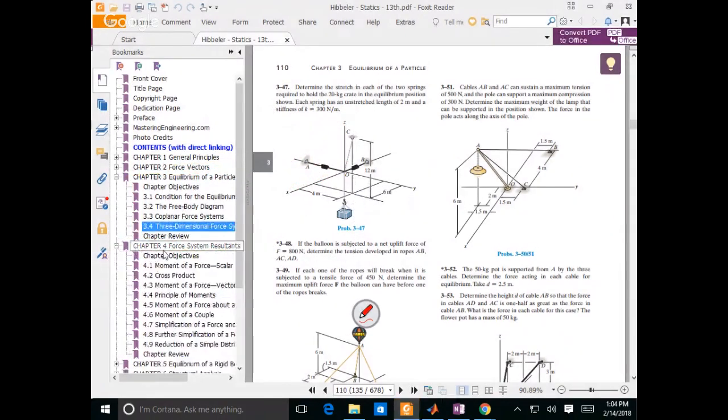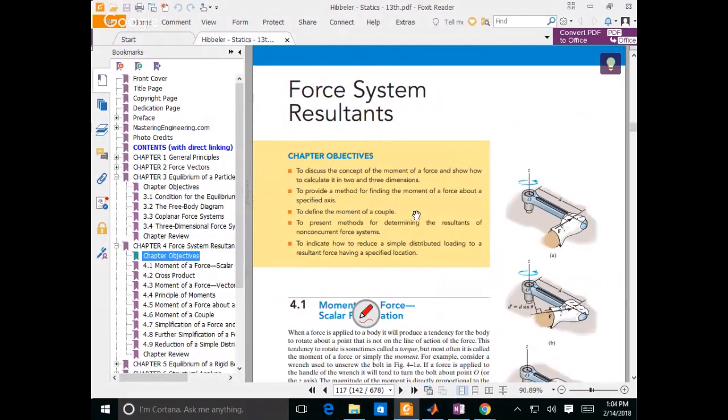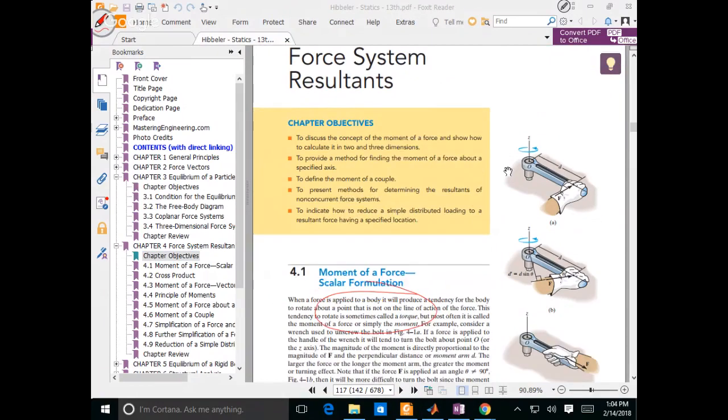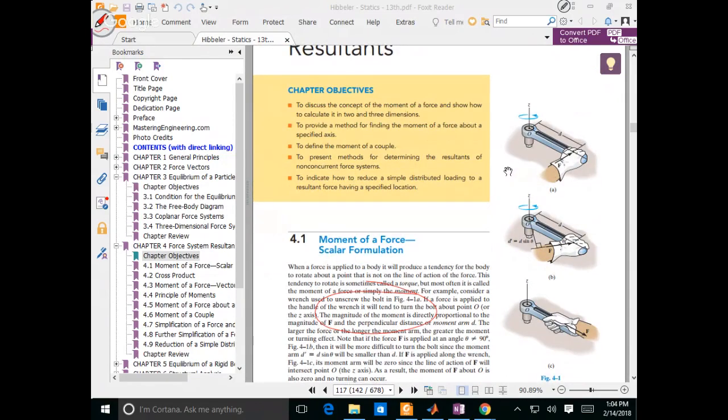And what you'll see is something very, very similar. The only difference is he starts working on moments. And he starts with the description right here of what a moment is.